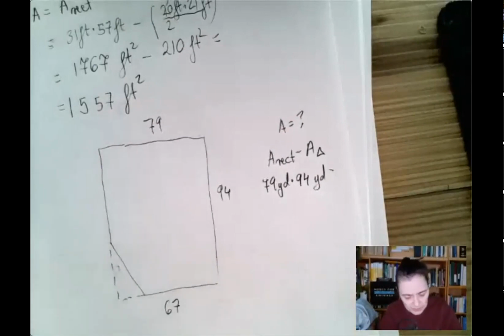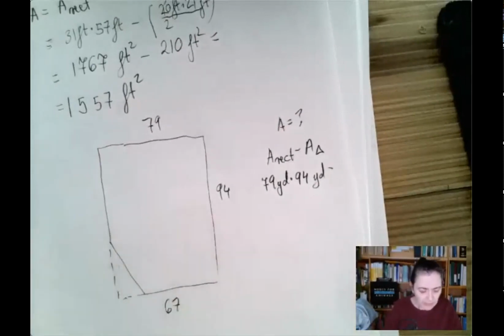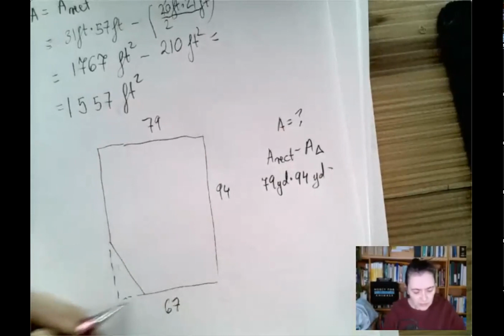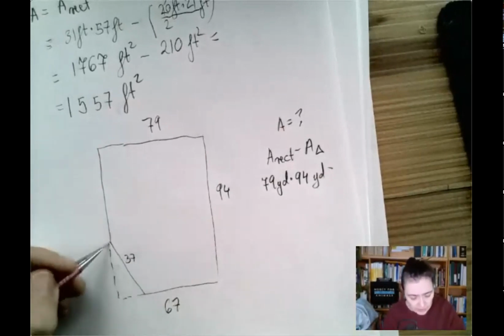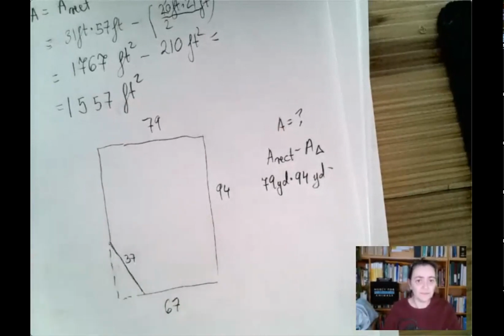Now we're in trouble because we don't know. For the area, we would need these two sides, and we don't know either one of them. We just know that this hypotenuse is 37. That's useless. And for the Pythagorean theorem to be useful, we have to find another side of this little triangle. Any ideas how we find one of the two missing sides?